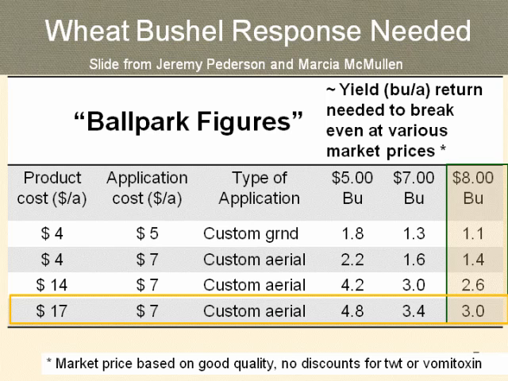And then if you did a more complete application of fungicides with early followed by flowering, and I have that on the bottom, the product cost for that would be approximately $17 an acre. If you applied it by air, maybe $7, maybe a little higher, and the response that you would need for breaking even with that fungicide program would be about 3 bushels if wheat is $8, or 3.4 bushels if it's $7.